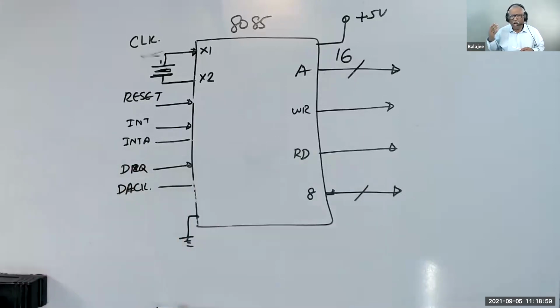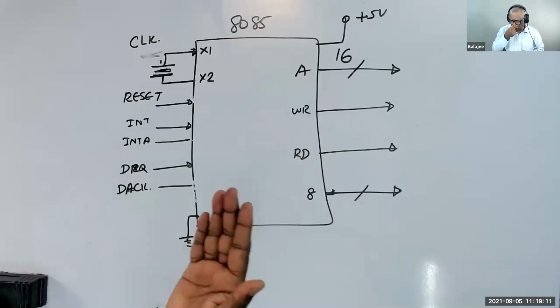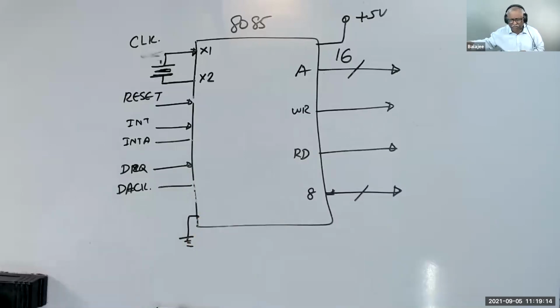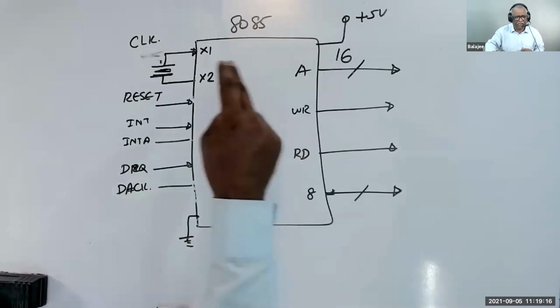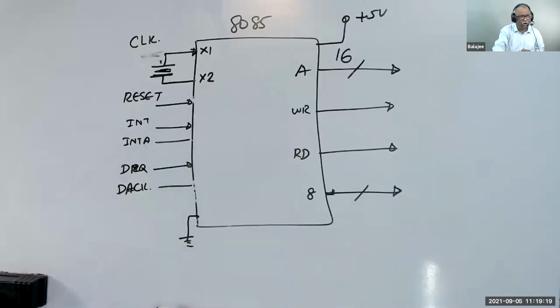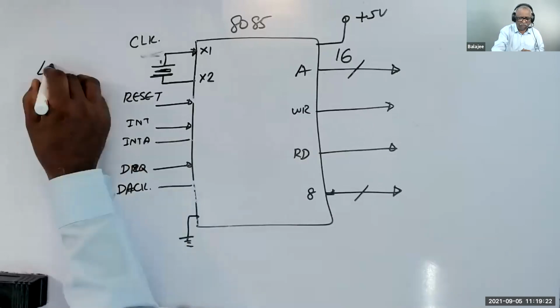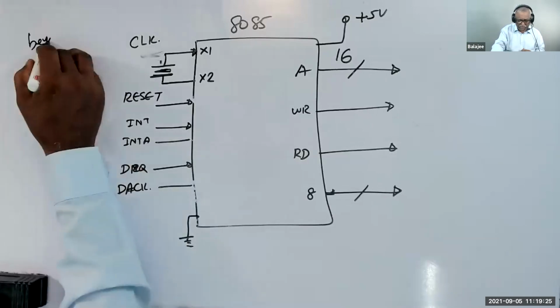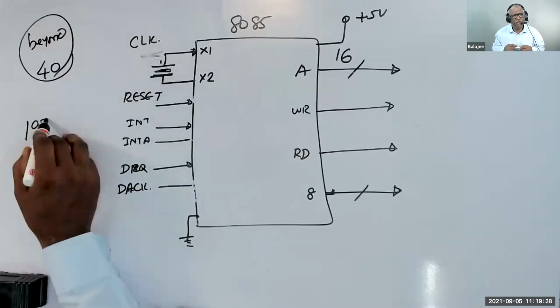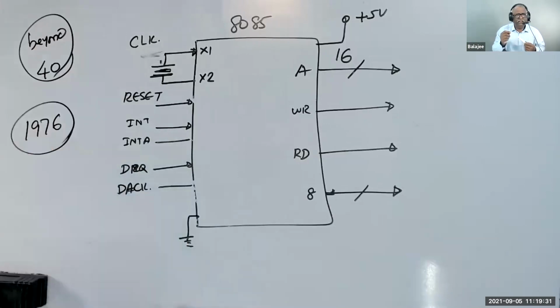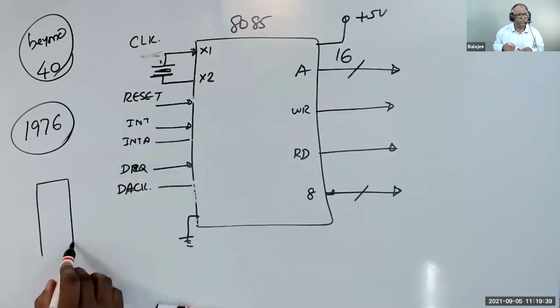Okay. Apart from this, it has so many other extra features. That's the trick. Also, when they added extra features, the number of pins increased beyond 40. In 1976, unfortunately, they did not have the technology to produce more than 40 pins.